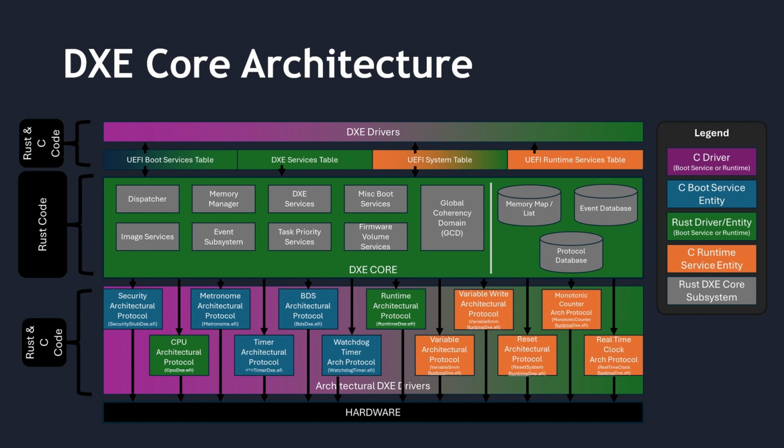Finally, at this bottom layer where we see the architectural DXE drivers, these are separated out because in a normal DXE core environment, or like in the Tiano Core DXE core, these are separate drivers that the core depends on, and it uses the protocol interface in order to access these things.